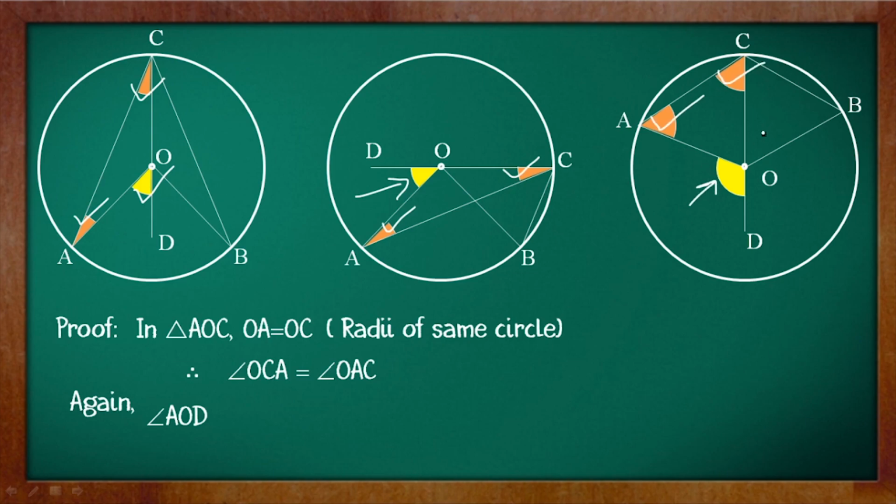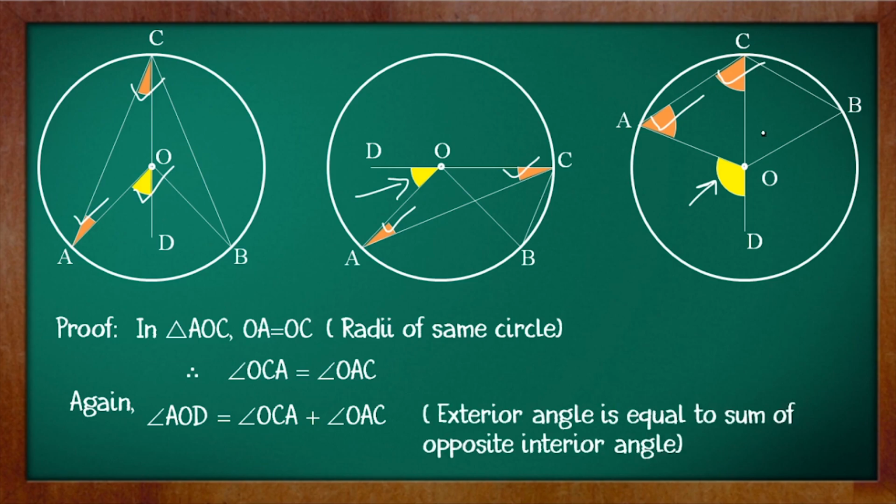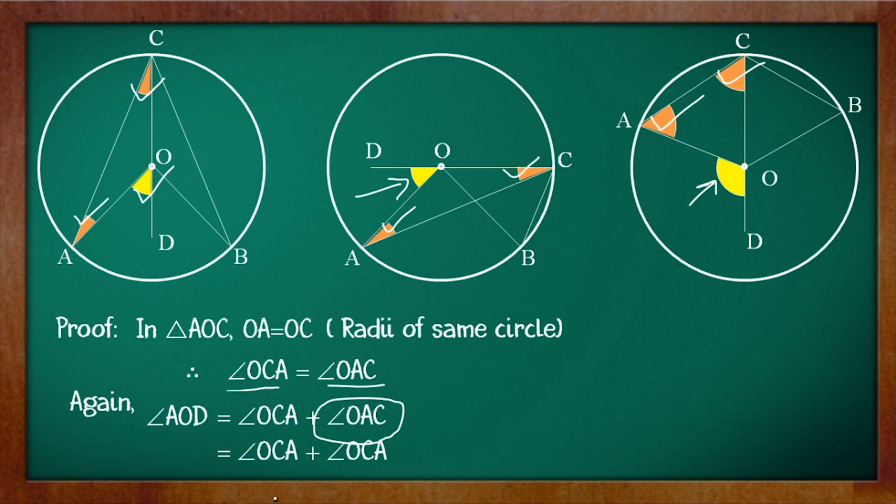So this will be equal to angle OCA plus angle OAC. And why is that so? It is because the exterior angle is equal to the sum of the opposite interior angles. And we know that angle OCA is equal to angle OAC. So we will replace OAC with OCA, and we'll get angle OCA plus angle OCA.